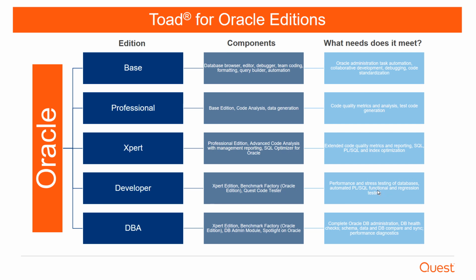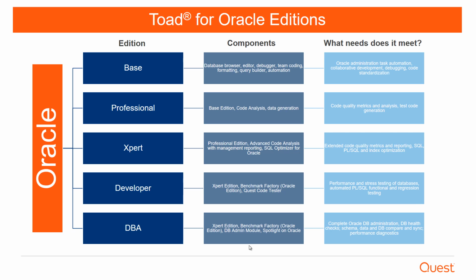Before I do that, let's explain a little bit about what comes in each edition of Toad. So on the left-hand side in the dark blue boxes, you can see the different editions. There are 5. Actually, there are 7 because the DBA edition comes in instance, rack, and Exadata form. And you can see in the center boxes the main components that come with each of those editions.